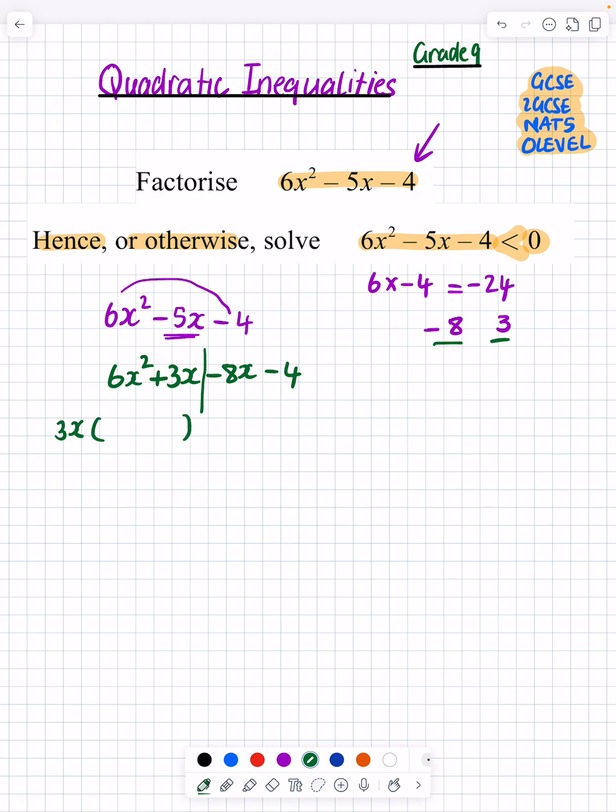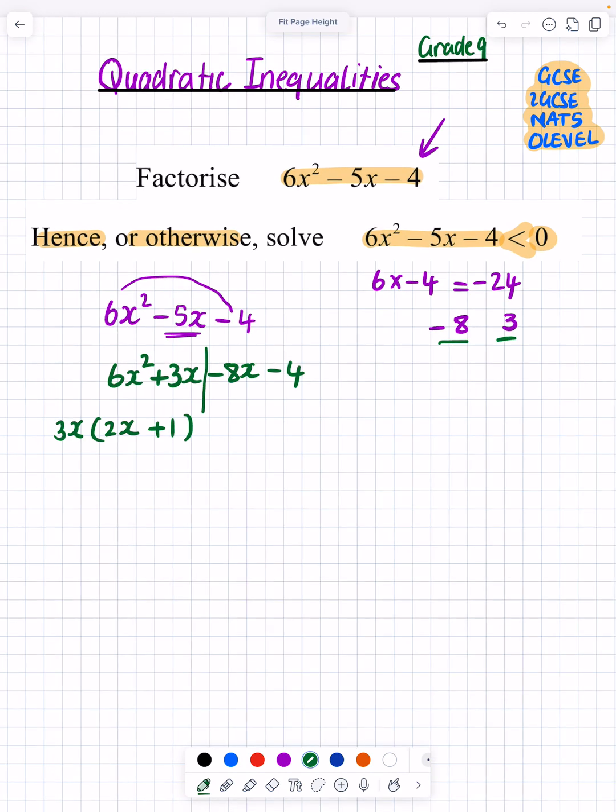So 3x times 2x gives us 6x², and then plus 1. Now factorizing the other side, -4 would be the common factor on the outside. So -4 times 2x gives us -8x, and -4 times +1 is -4.